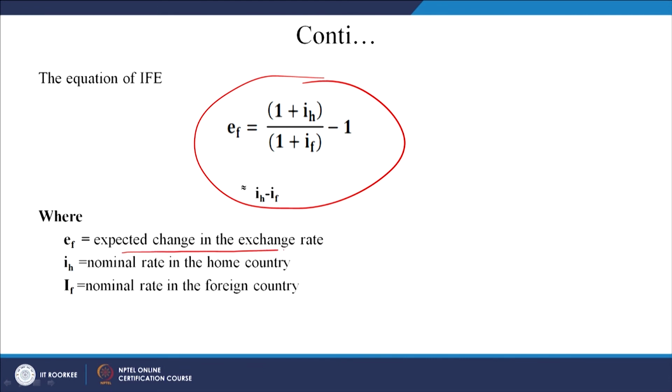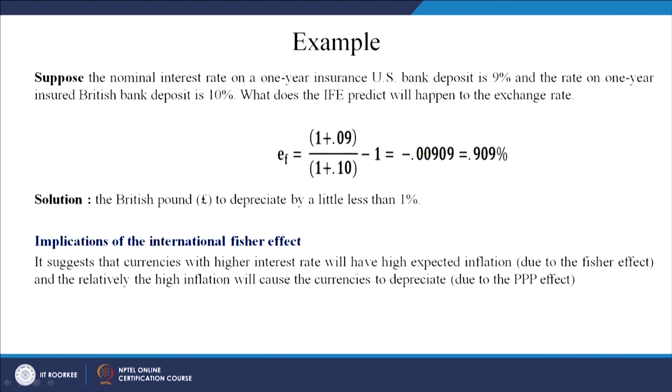The expected change in the exchange rate is equal to (1 plus nominal rate in the home country) divided by (1 plus nominal rate in the foreign country), minus 1, and this is approximately equal to the difference in the rates. Suppose the nominal interest rate on a 1-year insured US bank deposit is 9%, and the rate on a 1-year insured British bank deposit is 10%.